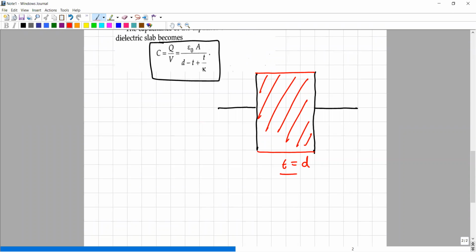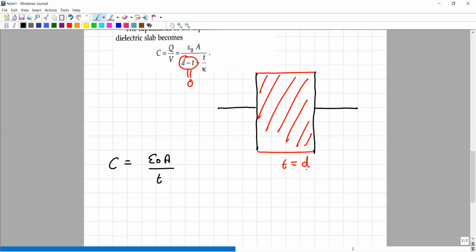Now, if T is equal to D, then what will happen to this formula? This value, D minus T, will become 0 because T is equal to D. That means your capacitance will now become epsilon naught A, D minus T has already become 0, divided by T. Now T, I can write again as D, because T and D are the same as the dielectric is occupying the whole space.